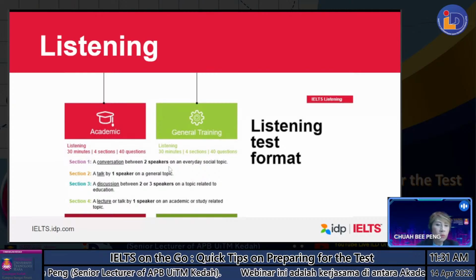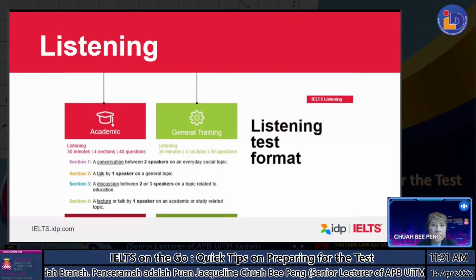For example, a student asking for rent from an apartment owner, or a tourist asking for information from a tour guide. It's just a conversation between two speakers on a very common day-to-day topic.